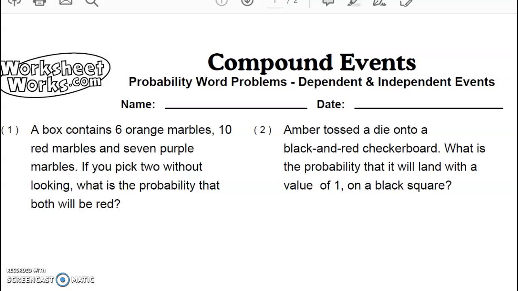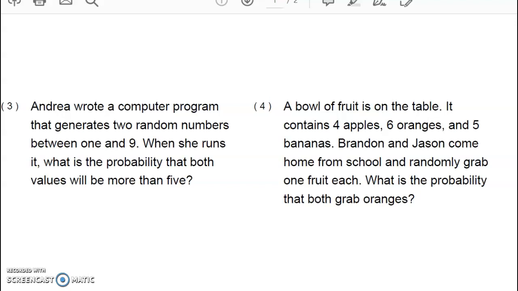In problem 3 here, Andrea wrote a computer program that generates 2 random numbers between 1 and 9. When she runs it, what's the probability that both values will be more than 5? Well, first of all, are these dependent or independent events? Does the computer care what it generated for the first number when it goes to calculate the second one?